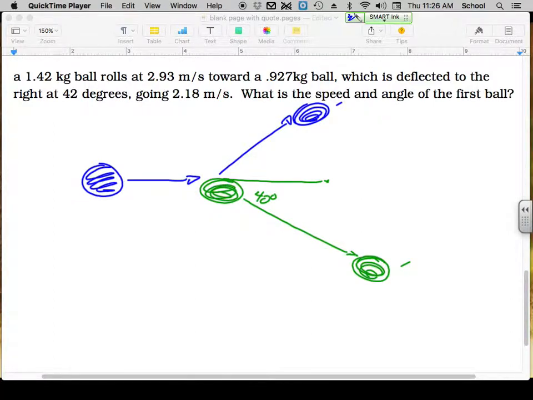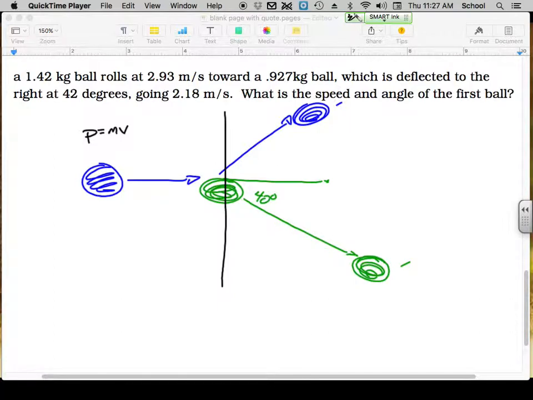Now, the idea is, again, momentum is conserved. So we start off with P equals mv. Before the collision happened, all the momentum was found in the blue ball. The blue ball was the only one that was moving, so it was the only one that has momentum.